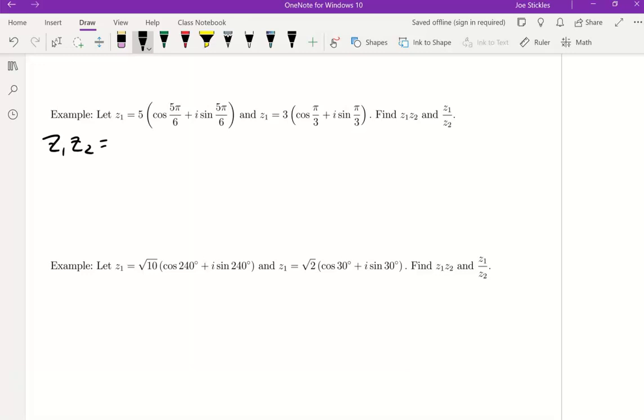So again, what do we do with the 5 and what do we do with the 3? Multiply them. Good. So 5 times 3 will give you 15. We have 5 pi over 6 for the angle for the first one, pi over 3 for the second one. What do you do with those angles when you multiply? You add them, right?